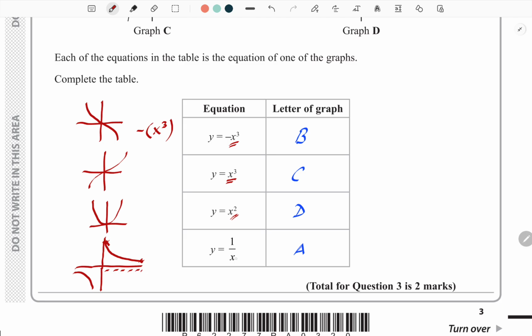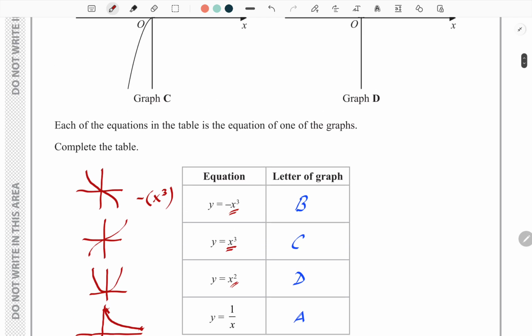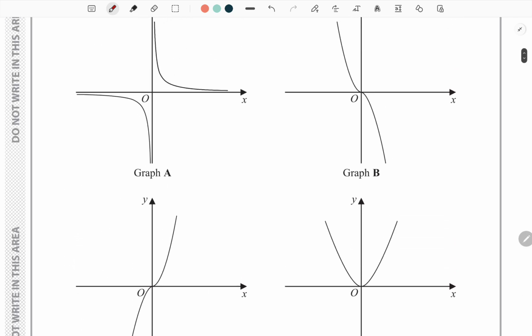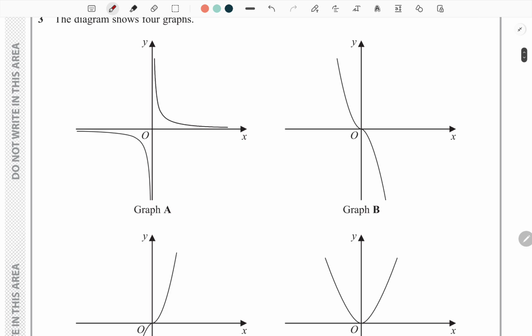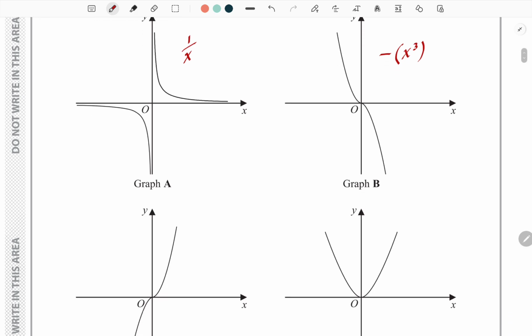So using that information, we go back to the graphs, and you can see that graph A is obviously the 1 over x. Graph B, according to what I showed you earlier on, is the opposite, so the vertical flip or reflection in the x-axis, if you like, of the x cubed graph.